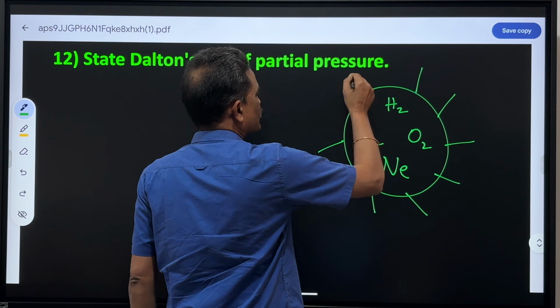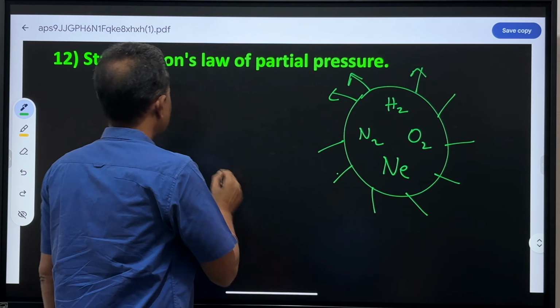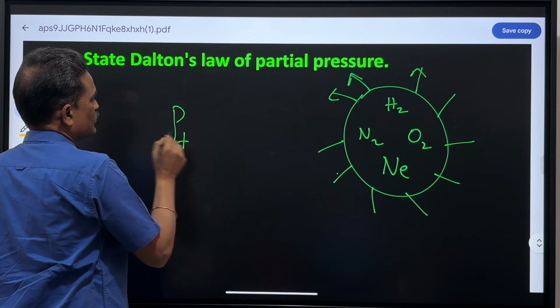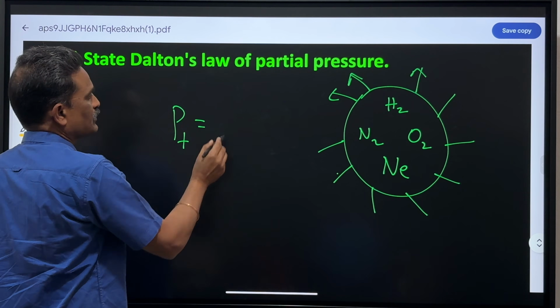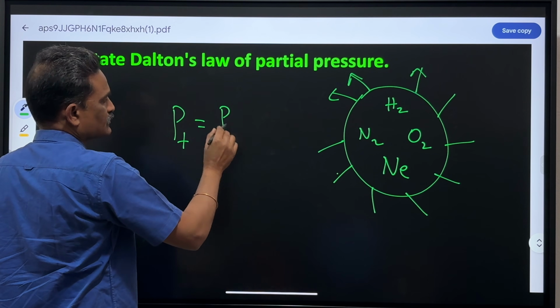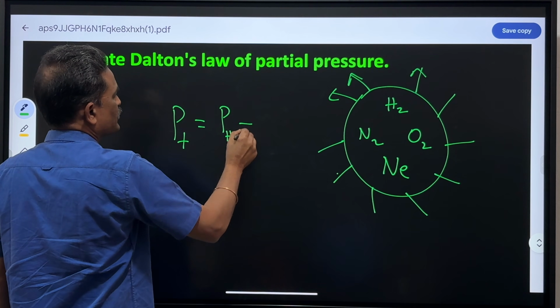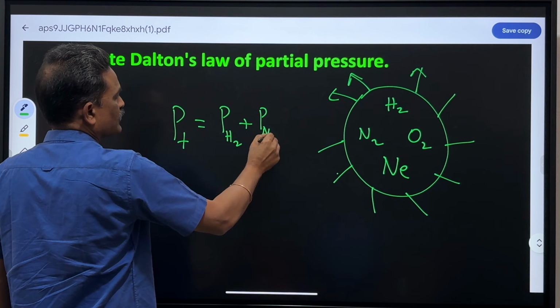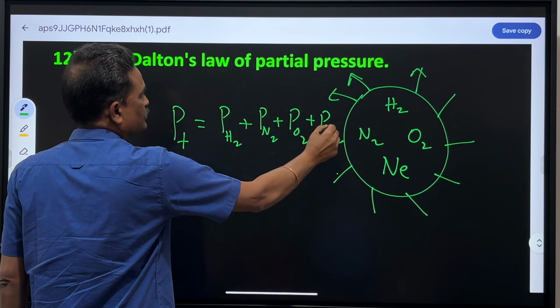Suppose it is a cylinder or a balloon, so it will exert some pressure. That is the total pressure. So the total pressure of the mixture of the gases is equal to the sum of the pressures of individual gases. In this example, pressure of the hydrogen, pressure of the nitrogen, pressure of the oxygen, pressure of the neon.